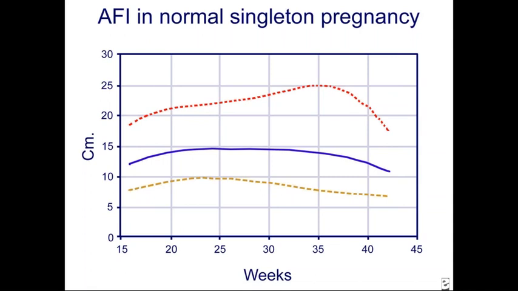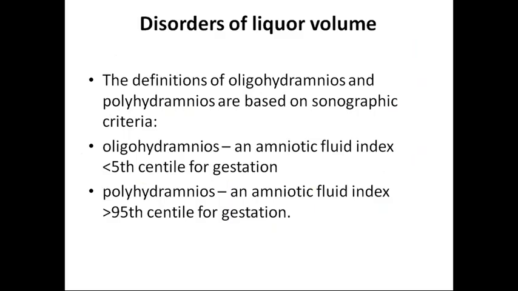Okay. And to be more relevant, we need to give it in 5th and 95th percentile, not the 10th and 90th, because this was found to be associated with more problems.